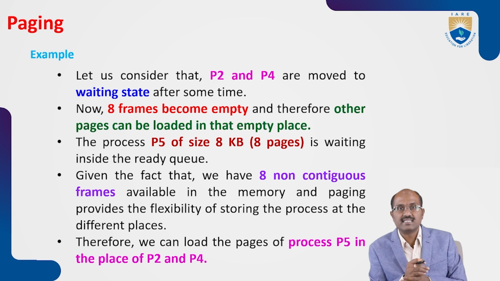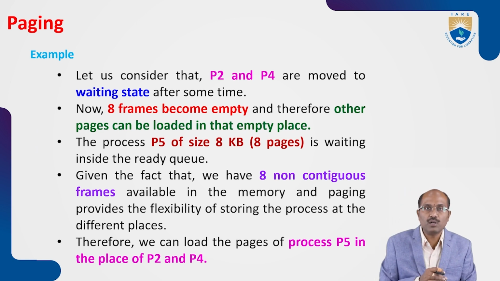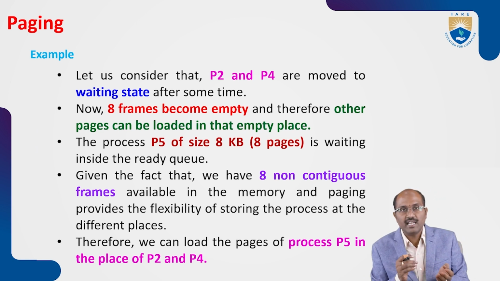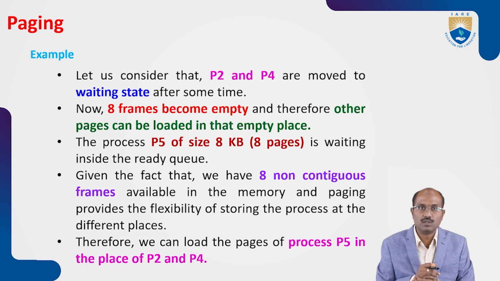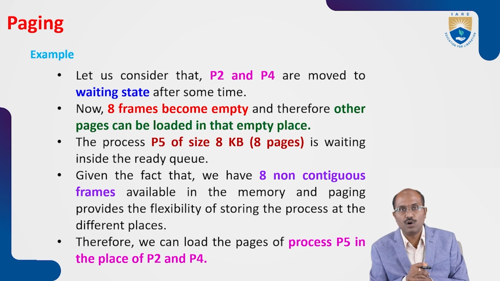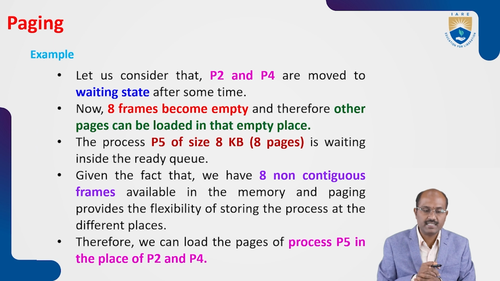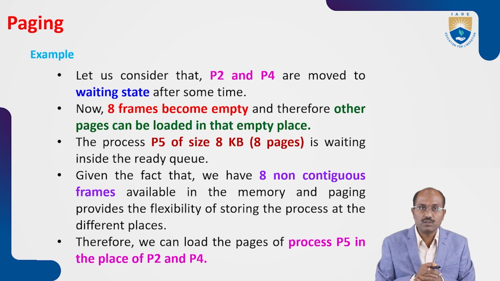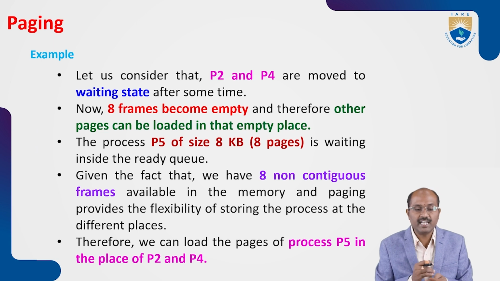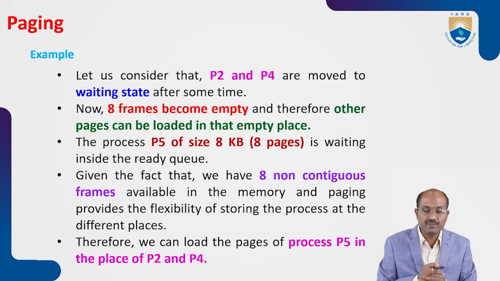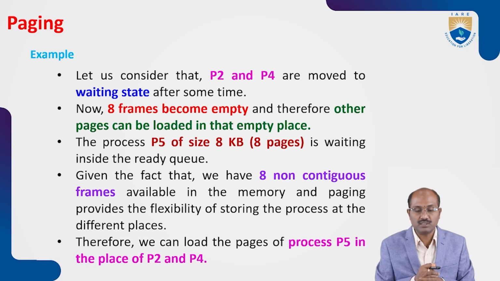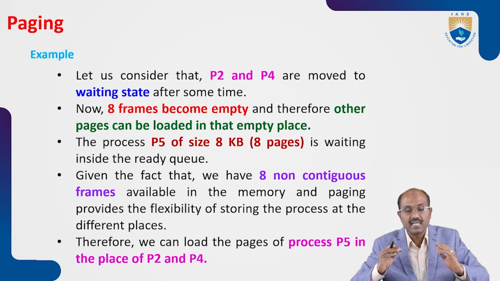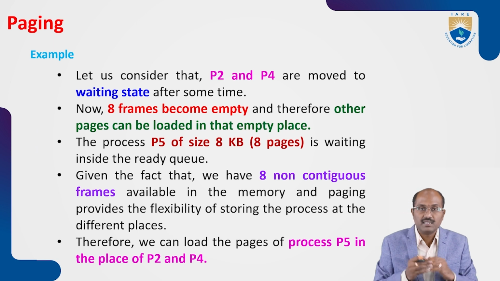Okay. Let us consider that P2 and P4 are removed and they go to the waiting stage. So let me remove P2 and P4, which go to the waiting stage. Now 8 frames become empty, and therefore another process can be loaded into the empty place. Process P5, whose size is 8 KB, is waiting inside the ready queue.